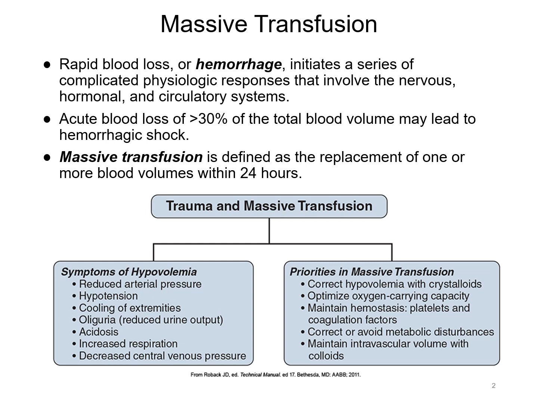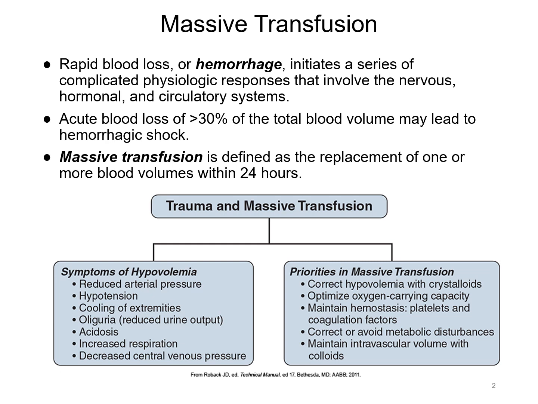The goal of transfusion is to correct the hypovolemia with crystalloids to optimize that oxygen carrying capacity, and then to maintain hemostasis, where you're replacing the platelets and the coagulation factors as well, to correct and avoid any sort of metabolic disturbances, so to correct that acidosis that's taken place, and to maintain that intravascular volume for that patient.